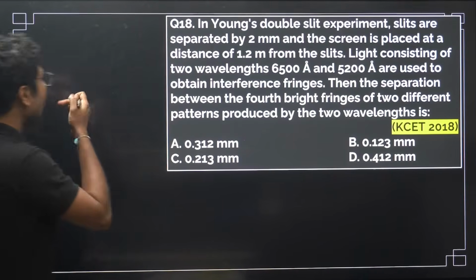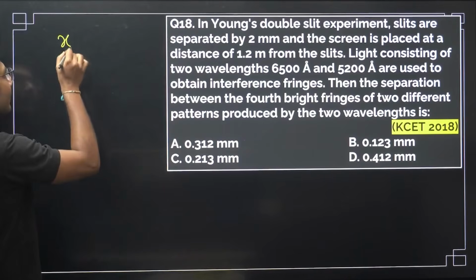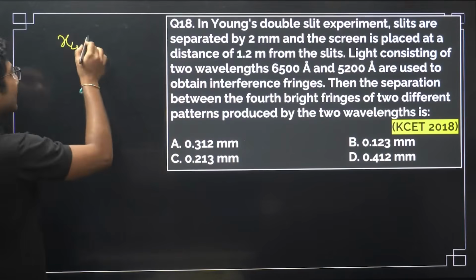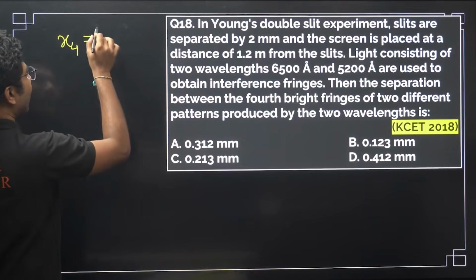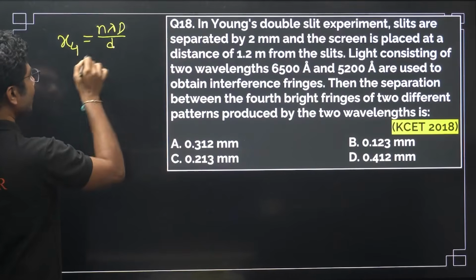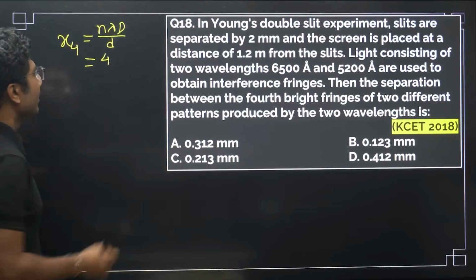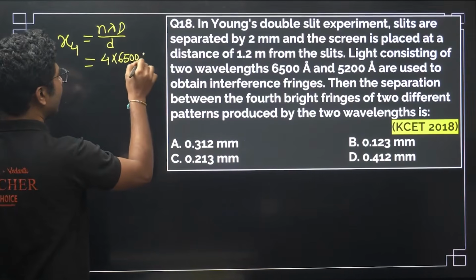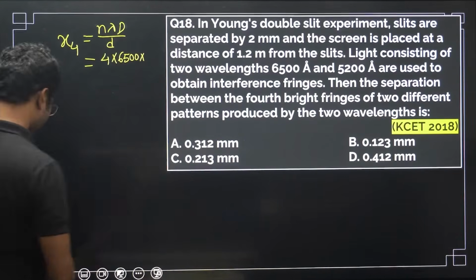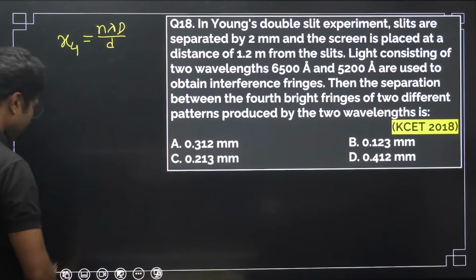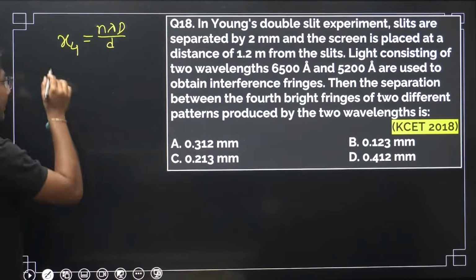So what is the position of the fourth bright fringe for the first case? It is given by n lambda D by d. Fourth bright fringe, lambda for the first one is 6500 into 10 to the power of minus 10. In this case there is no other option, you have to use the values.